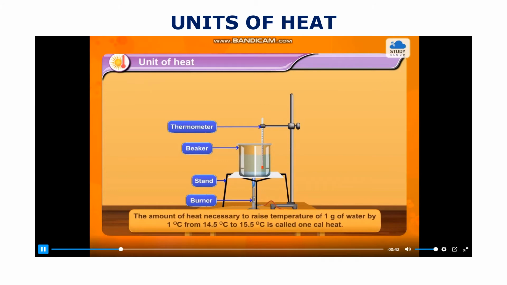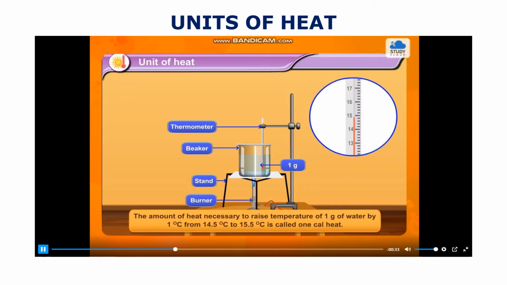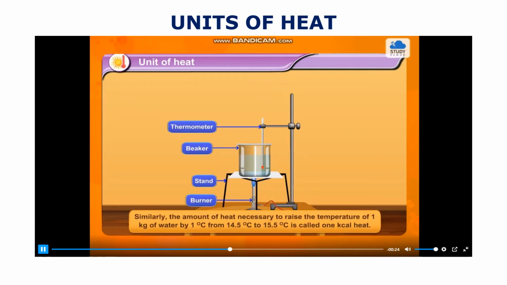The amount of heat necessary to raise temperature of 1 gram of water by 1 degree Celsius from 14.5 degrees Celsius to 15.5 degrees Celsius is called 1 calorie heat. Similarly, the amount of heat necessary to raise the temperature of 1 kg of water by 1 degree Celsius from 14.5 degrees Celsius to 15.5 degrees Celsius is called 1 kilocalorie heat.